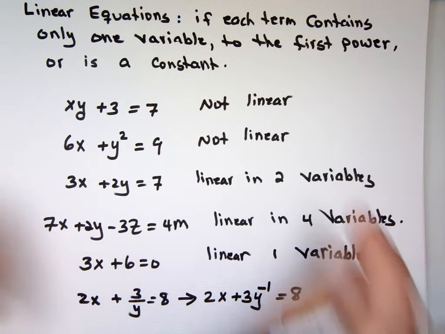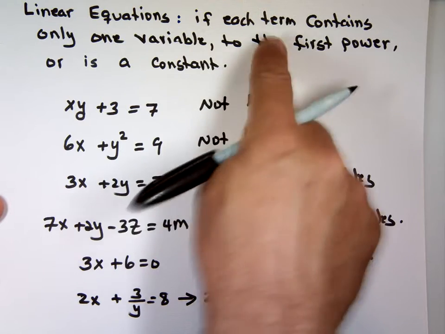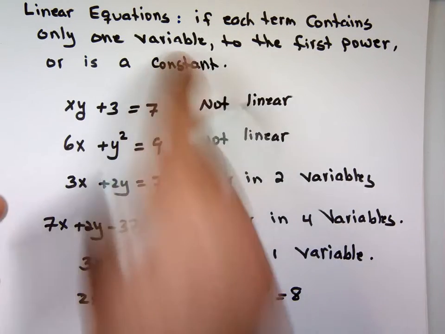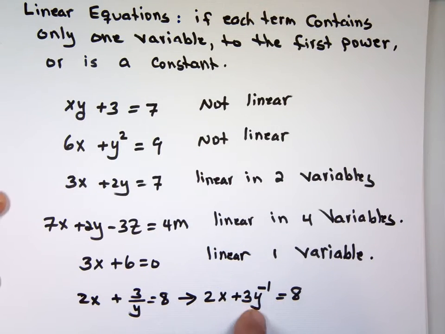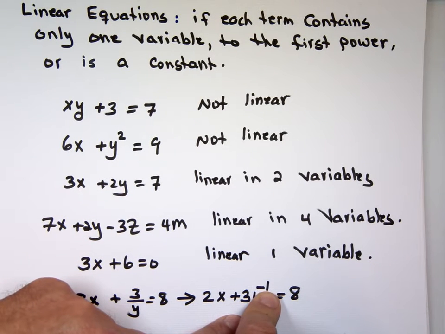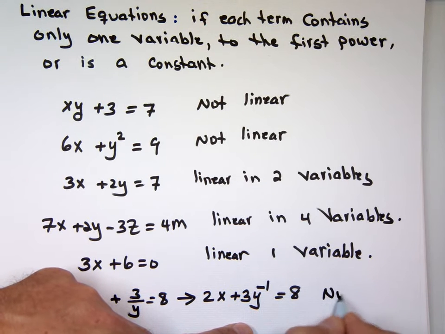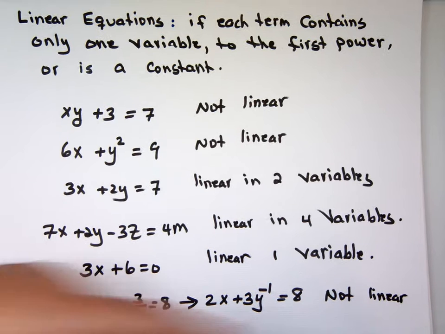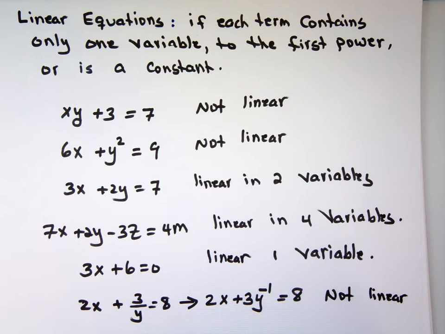To be linear, each term contains only one variable to the first power. Is that power 1? No, that's not a 1. That's why this is not linear. So if you see x's or y's in the bottom, that equation is not a linear equation because the power is -1 now.